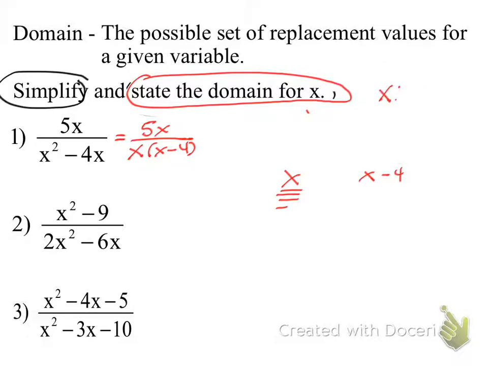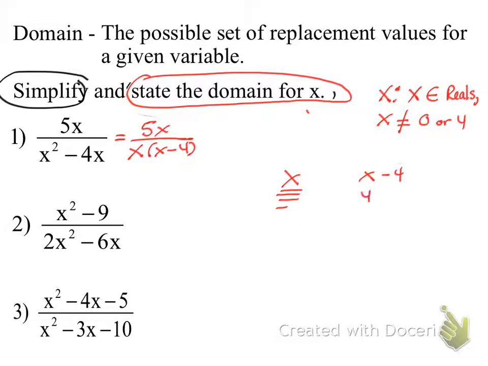X is such that x is an element of the reals. That comma we say and. And x cannot equal what numbers? 0 or 4.